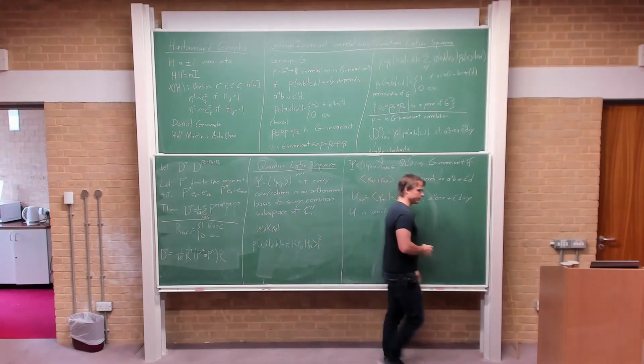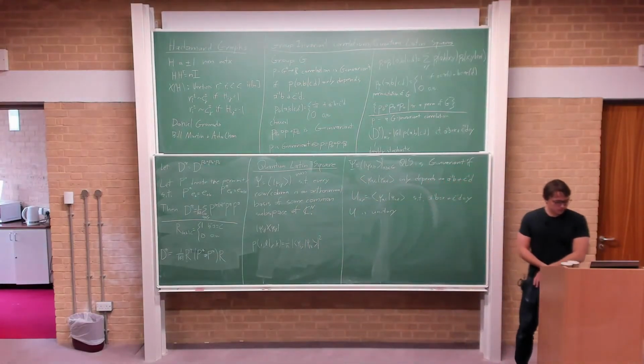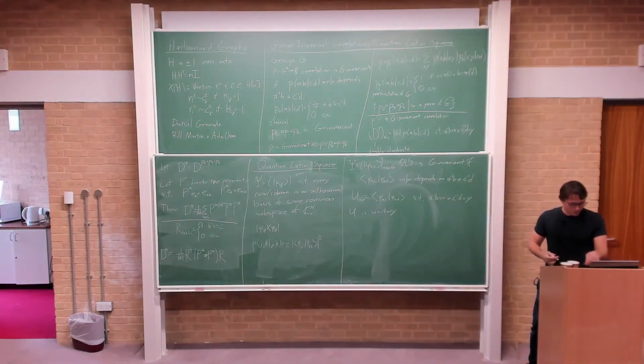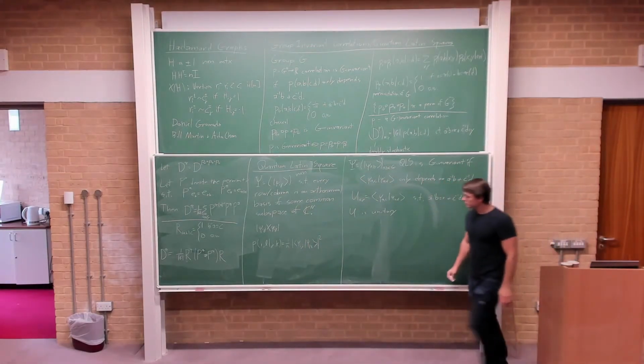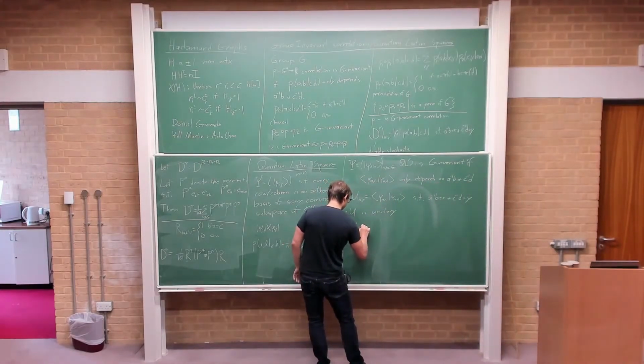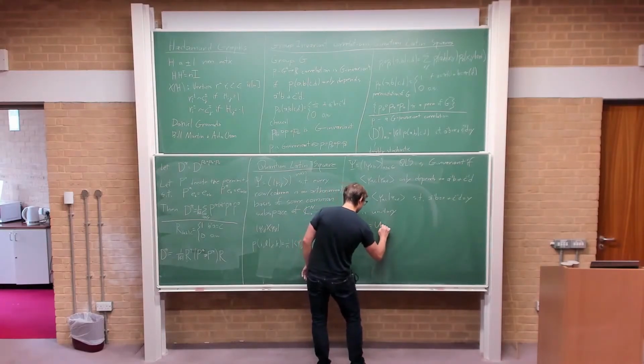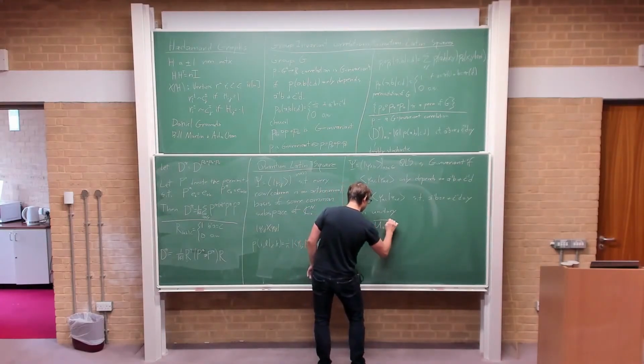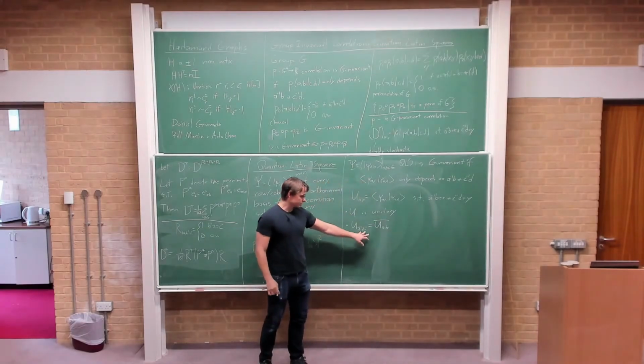U is unitary, and it satisfies also these other two conditions. So if I take the inverse of both entries, I just get the conjugate.